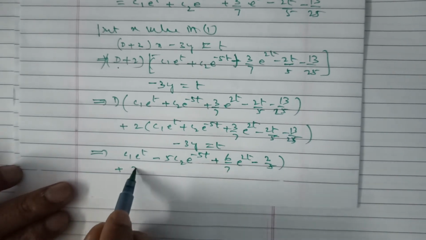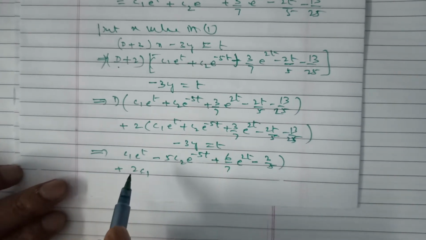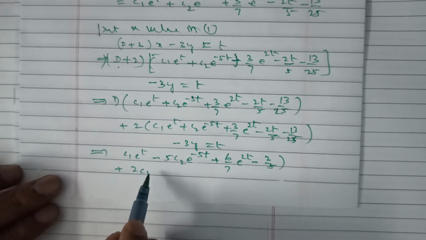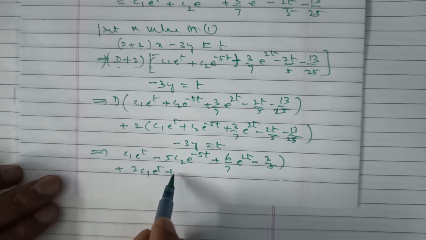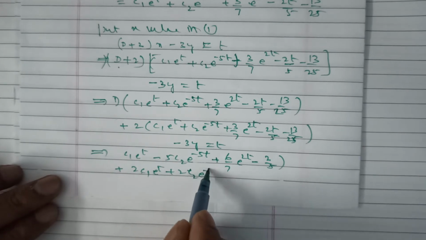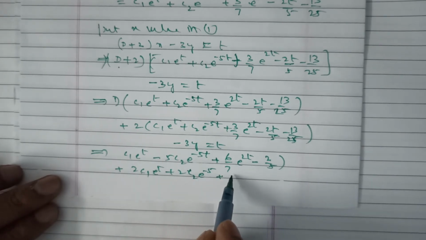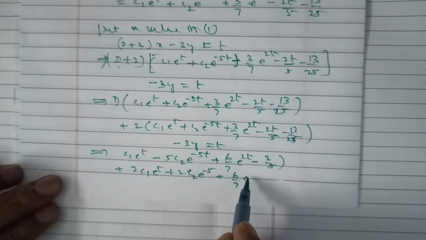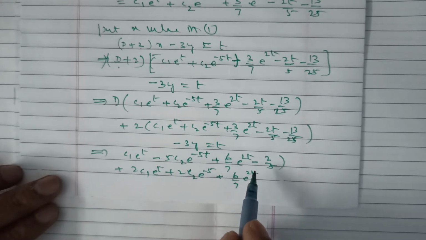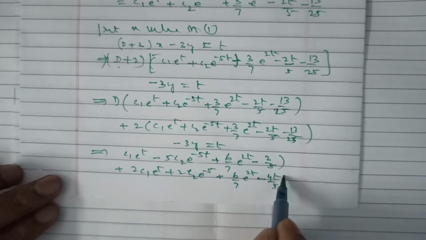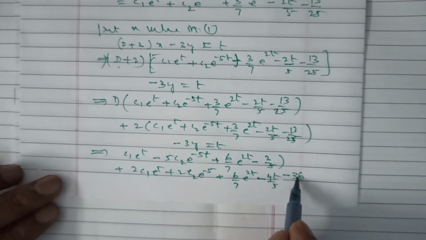Plus 2c1 e^t plus 2c2 e^(-5t) plus 6/7 e^(2t) minus 4t/5 minus 36/25.